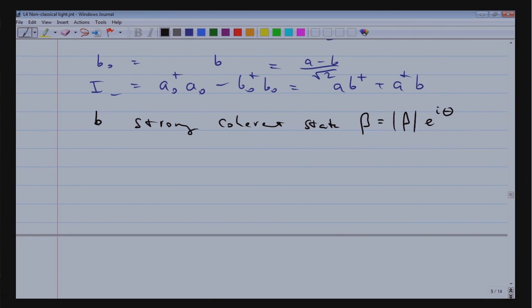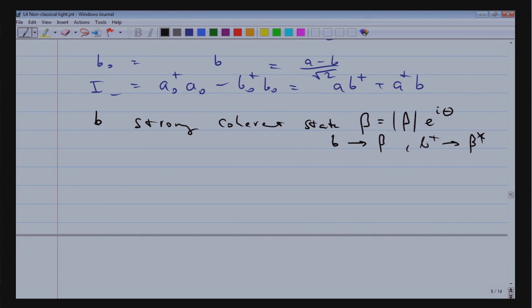Of course, whenever we have a strong coherent state, that means that we can replace B by beta and B dagger by beta star. This is sort of the classical field limit of a strong coherent state.